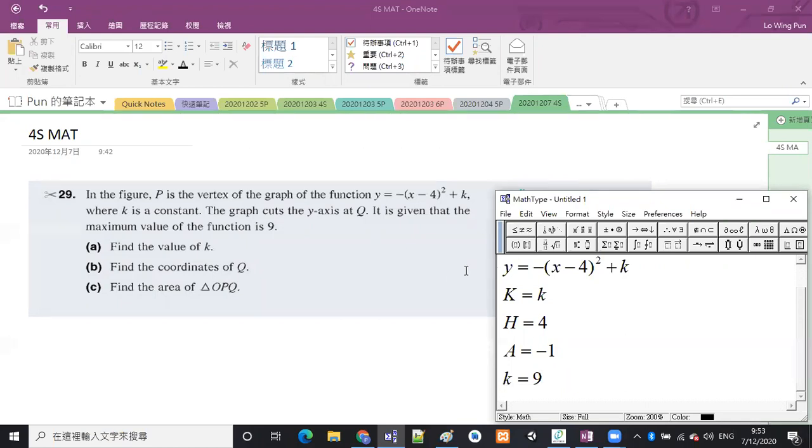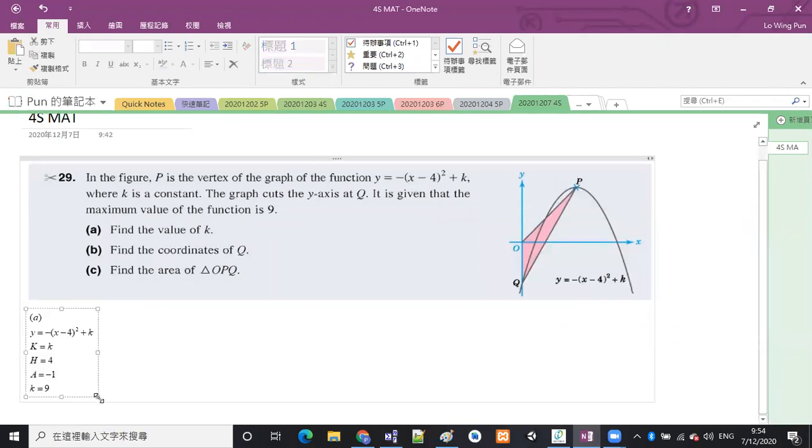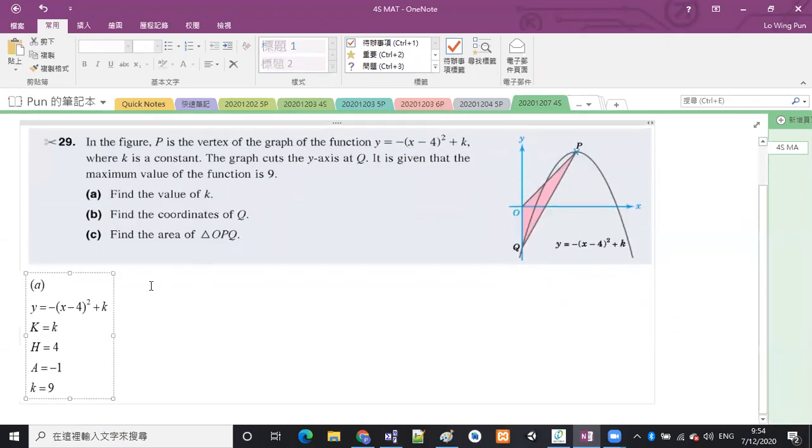This is part A. And then part B, find the coordinates of Q. Q is actually the y-intercept of the function.